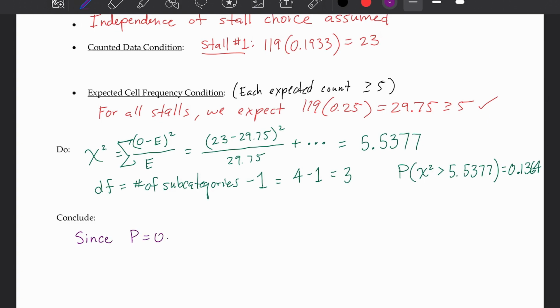since p equals 0.1364, which is greater than alpha equals 0.10, we fail to reject the null hypothesis.